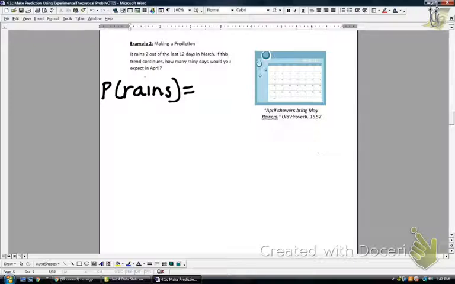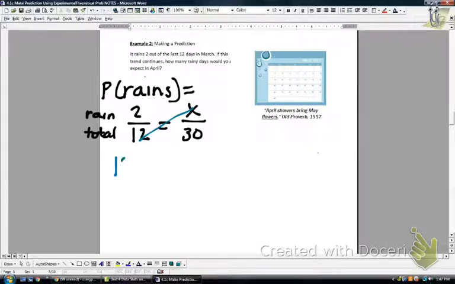So the probability is 2 out of 12, and I want to know how many days it's going to rain. So this is rain, and this is total, I guess. And then if this trend continues, how many days is it going to rain if there are 30 total days in April? This should look familiar on how we solve it.